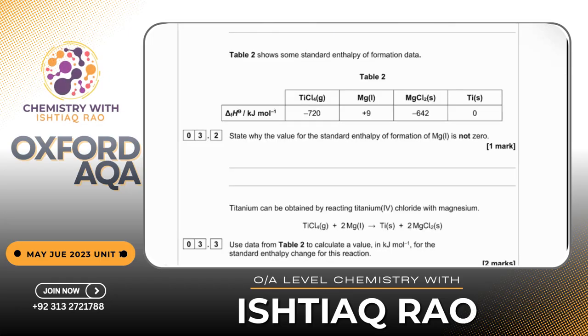Why is the value of the standard enthalpy of formation of magnesium zero? What's the standard state for magnesium? The standard state for magnesium is solid. They are saying it's magnesium liquid.